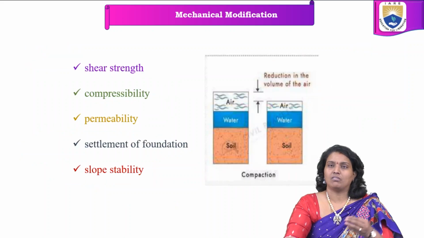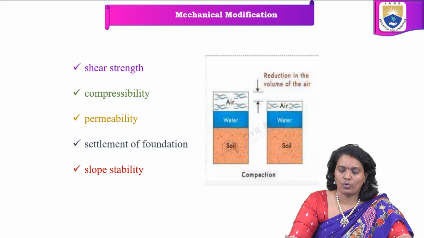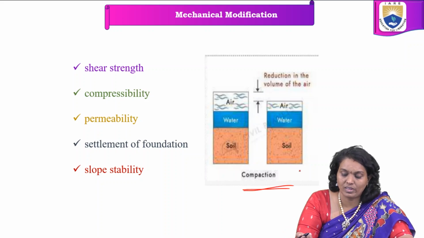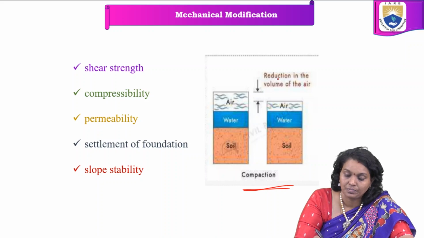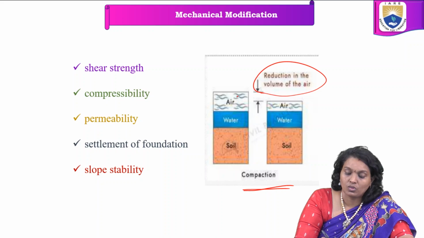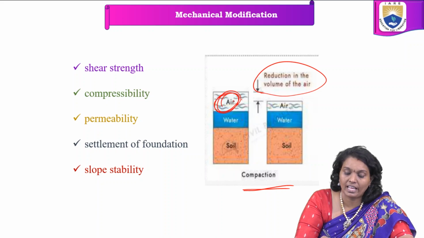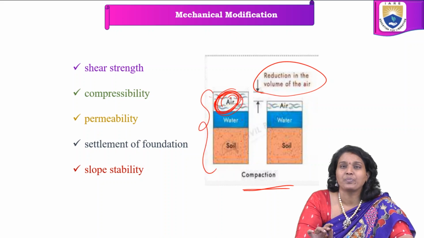In this, coming to compaction, we understand it in two ways. The reduction in the volume of air. Whatever air particles, we may divide the soil into soil, water and air. So it is going to reduce the air.